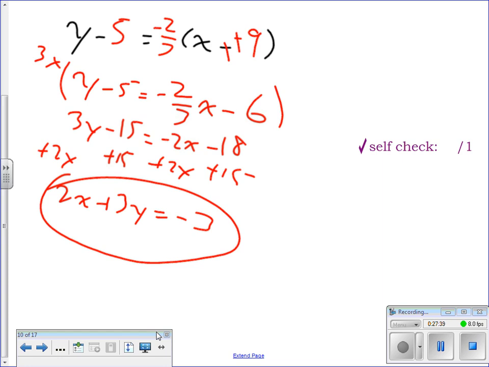I can do this pretty good, but when I'm making answer keys, I want to make sure I get it right. 3 times negative 6. That's a negative because it's positive here, and the negative times a positive gives me negative. And then the positive times a negative gives me negative. Did you catch that? Okay.